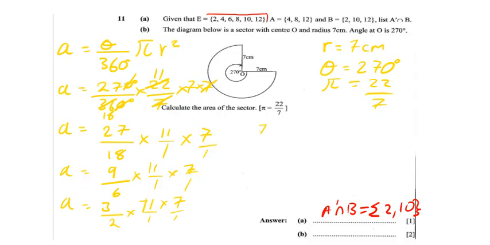So you say 77 multiplied by 3. So you do this on the different side, right? 3 times 7, it is 21. So you say 1 remainder 2. 3 times 7 is 21, 21 plus 2, it is 23, right? 231, like that. So your area will be equal to 231 over 2 centimeters squared.